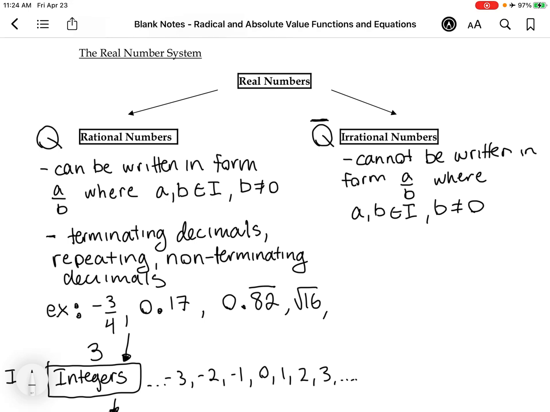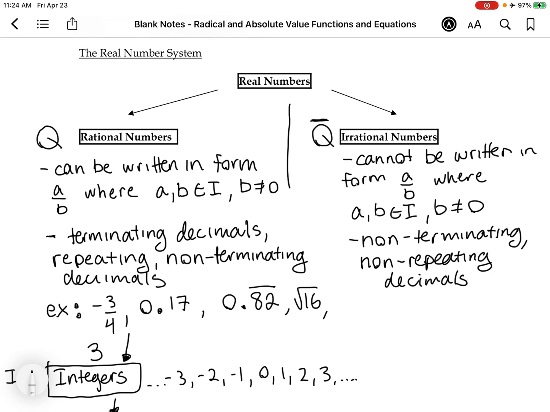Okay, so in decimal form, what do these look like? They are non-terminating, meaning they never end, and non-repeating decimals.